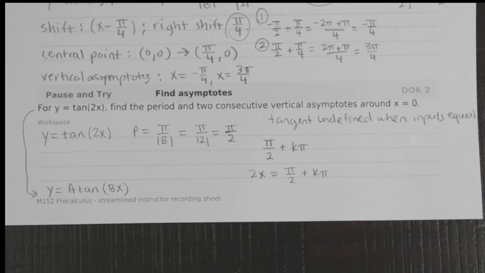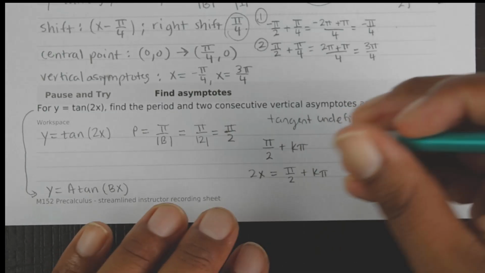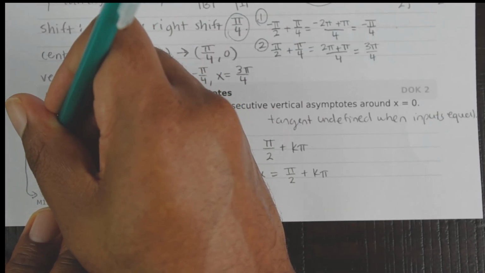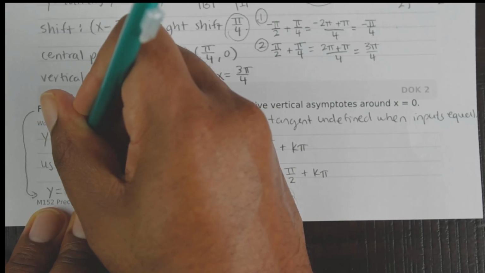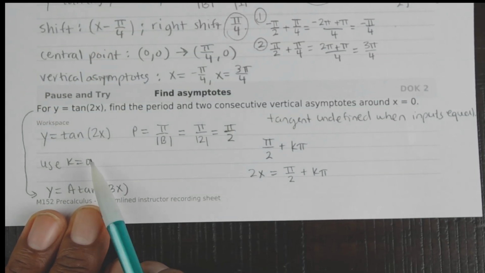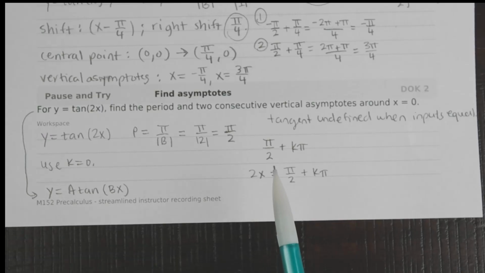To find the asymptote closest to the right of 0, we need to use k equal to 0, all right?